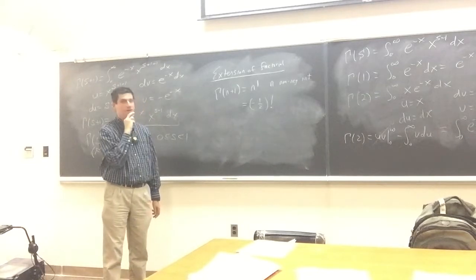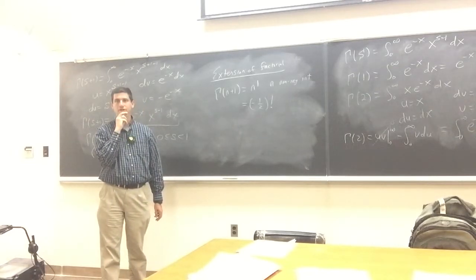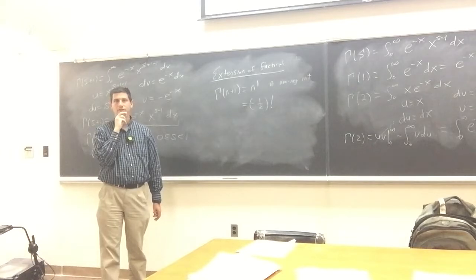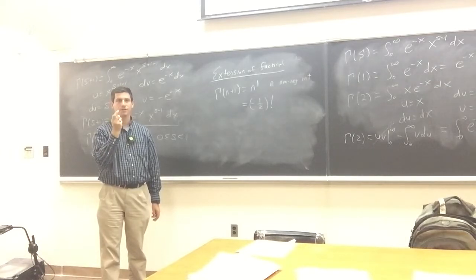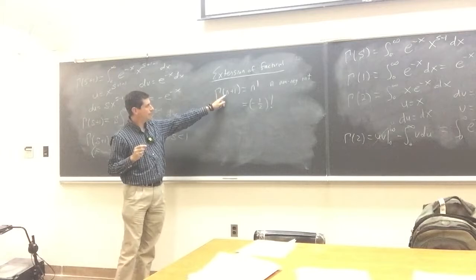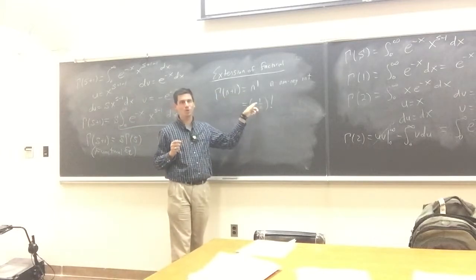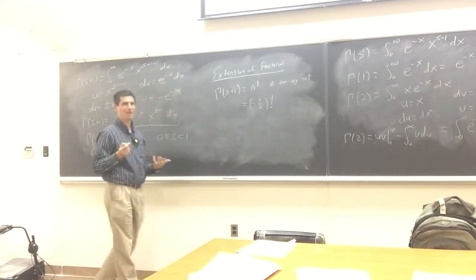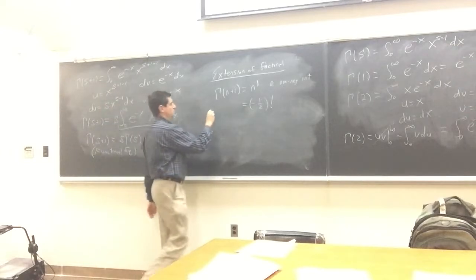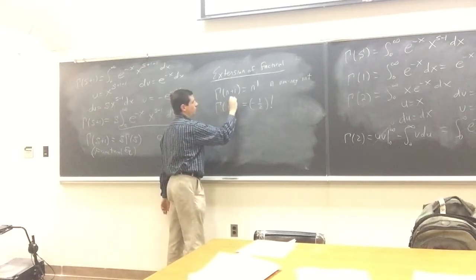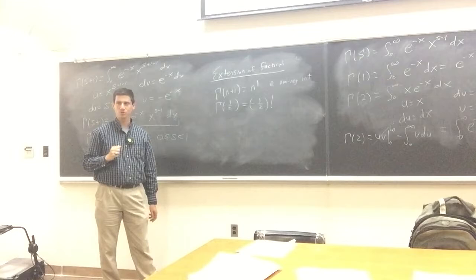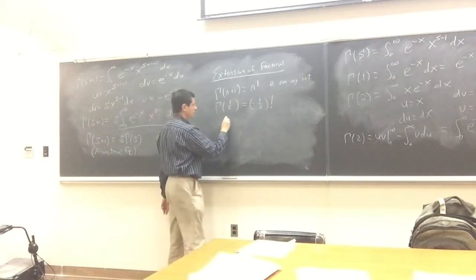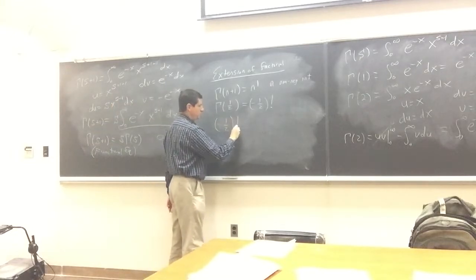What do I want to take for n? Well, if I take n equals 1/2, I would then get 1/2 factorial. I don't want 1/2. What do I want? Not 1/2, negative 1/2. So gamma of 1/2 is negative 1/2 factorial. So negative 1/2 factorial. Do not ask me what that means.